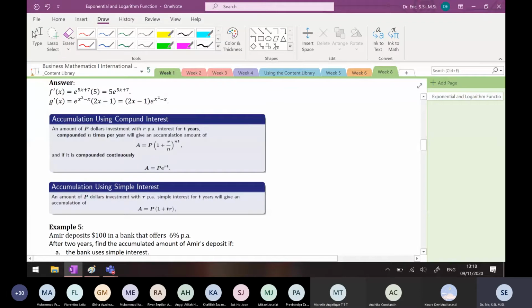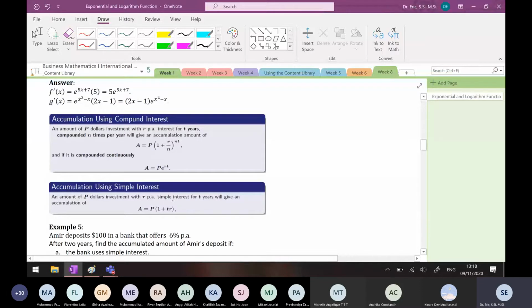And if it is compounded continuously, I have the accumulated amount is P times e to the power of rt. And the accumulation using simple interest is just P times 1 plus t times r. t is how many years you invest, r is the interest rate.